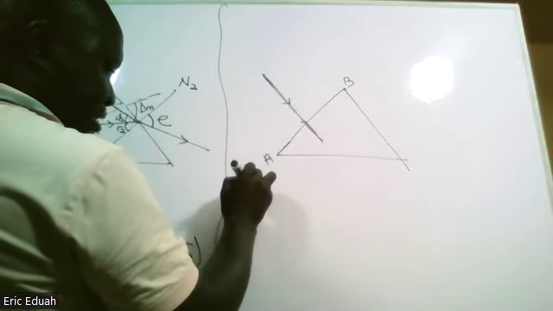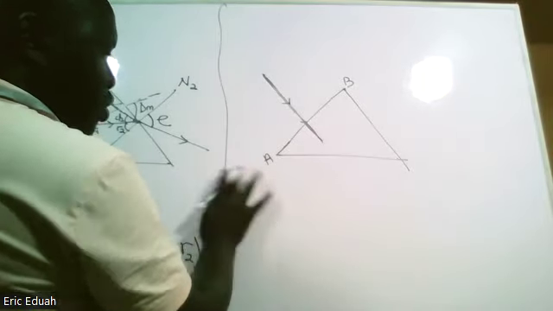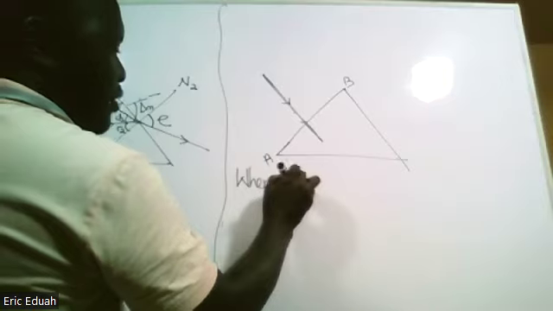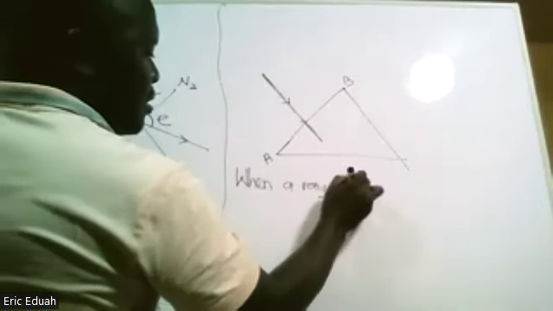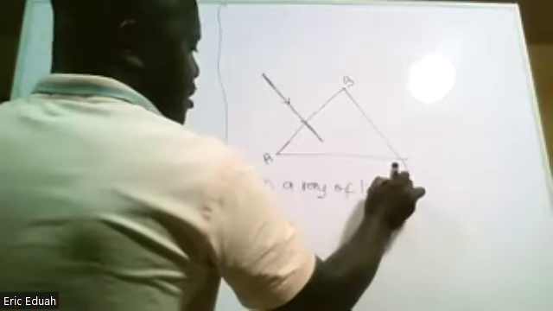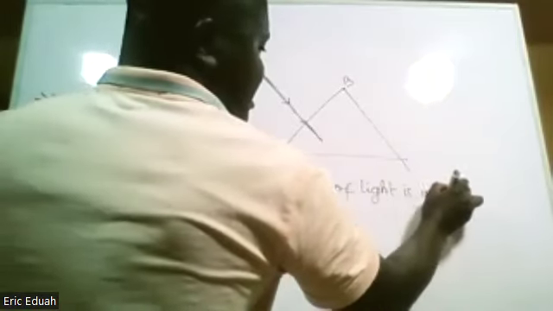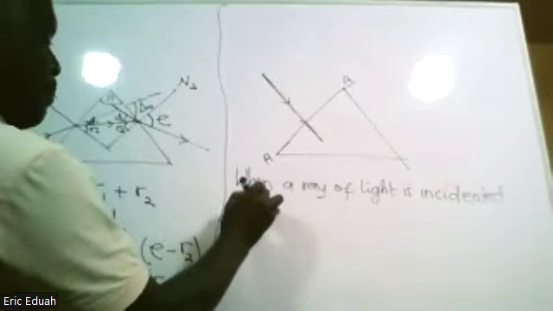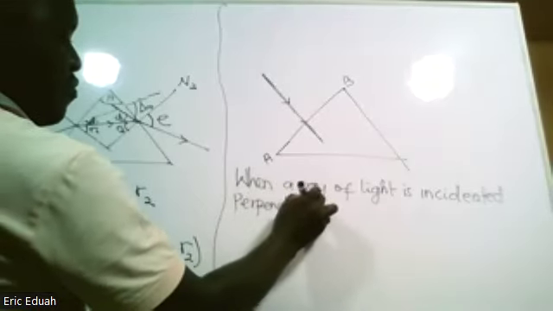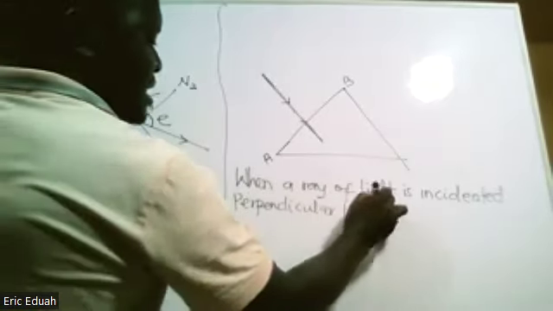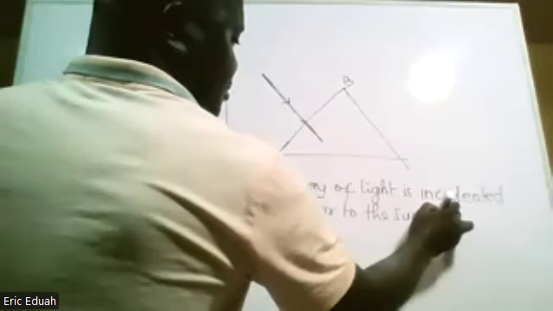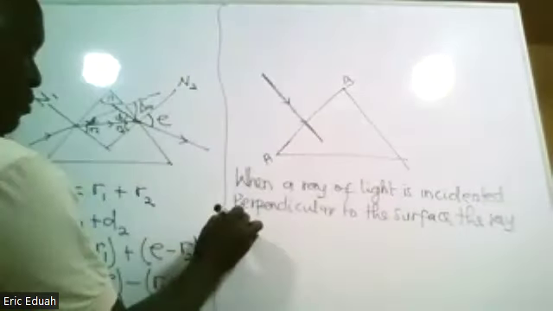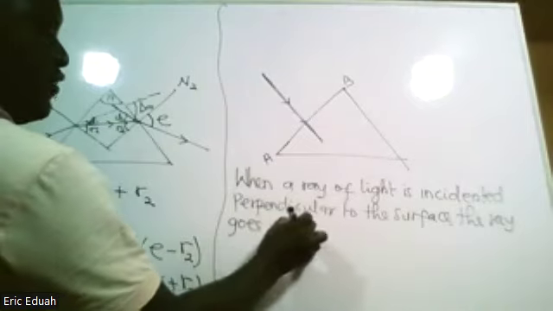So when a ray of light is incident perpendicularly to the surface, the ray goes undeviated.